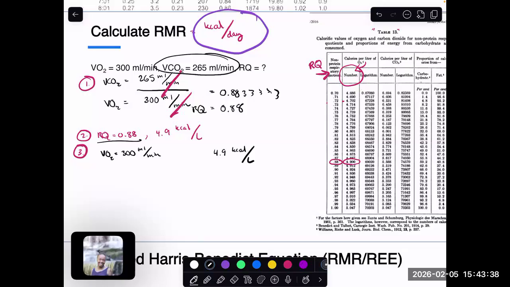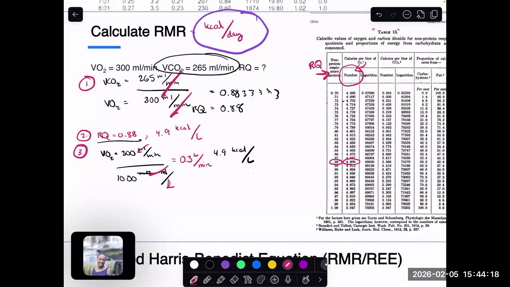In this situation, we're going to multiply these together, but first we're going to convert milliliters to liters. So VO2 milliliters per minute, we can simply divide that by 1,000 milliliters per liter. Every 1,000 milliliters is a liter. The milliliters are going to cancel, and we're going to get 0.3 liters per minute.